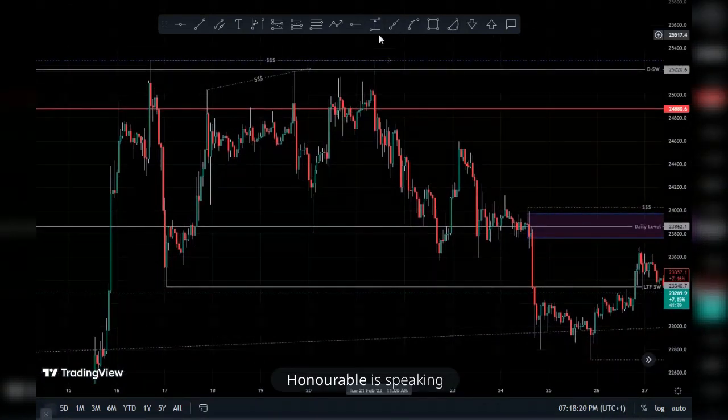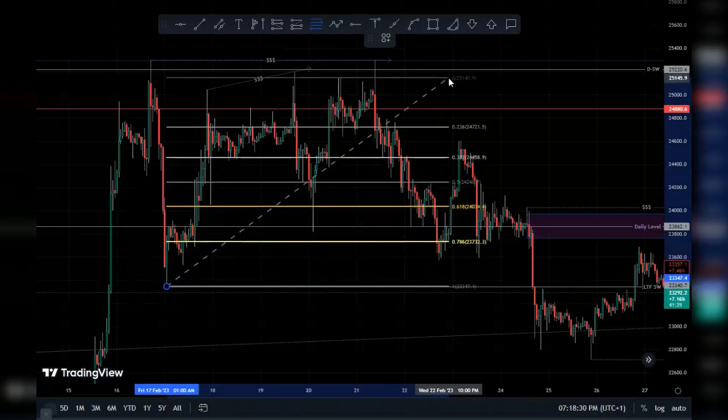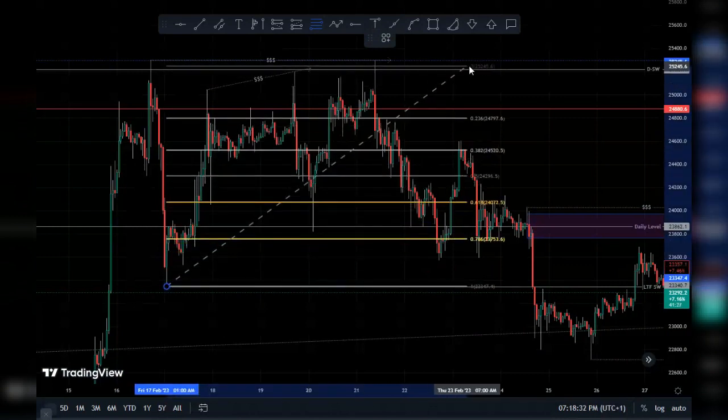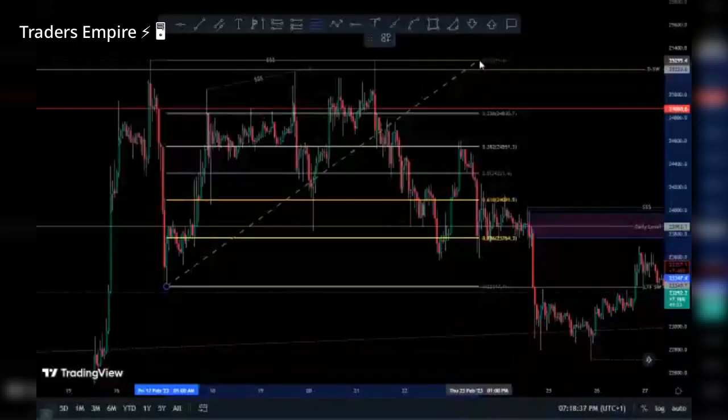Let's see if I get a perfect example of this chart. Now let's look at a bullish scenario.